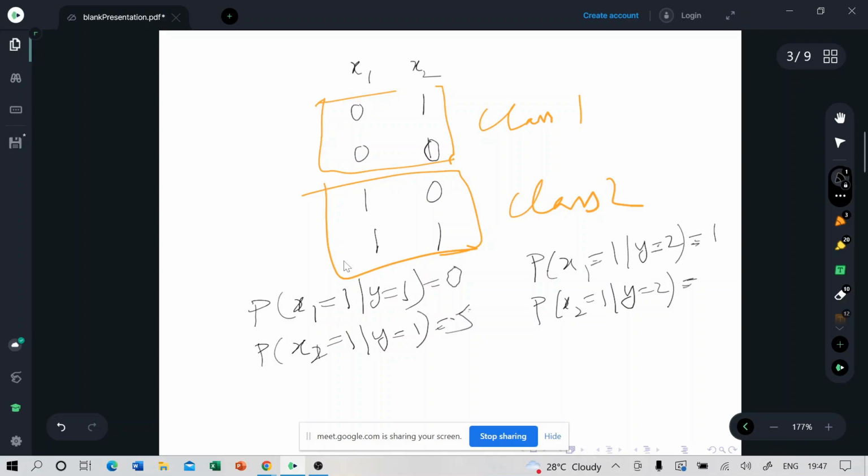If the second line holds, the first line also holds, right? Do you agree? Yes.